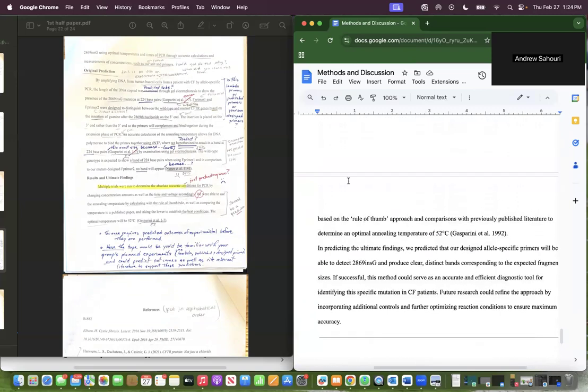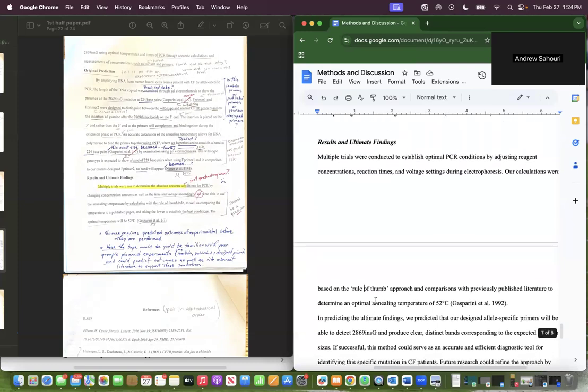And yeah, I just extended this a little bit and added the "we predicted" statement. Then I also put, if successful, this method could serve as an accurate and efficient diagnostic tool for identifying the specific mutation in cystic fibrosis patients. And I said how we could refine the approach by incorporating additional controls and further optimizing reaction conditions to ensure maximum accuracy.